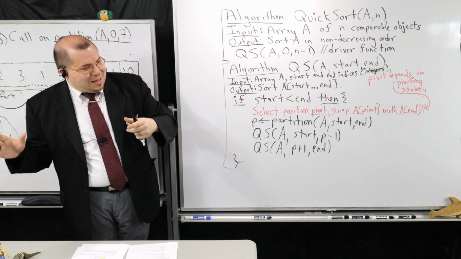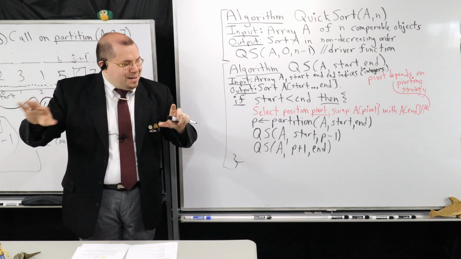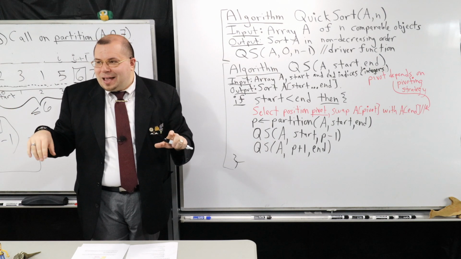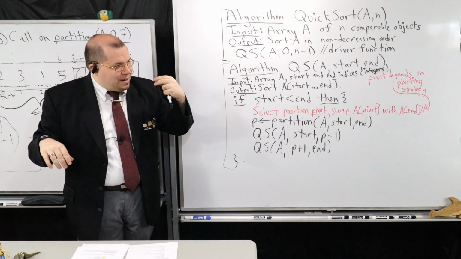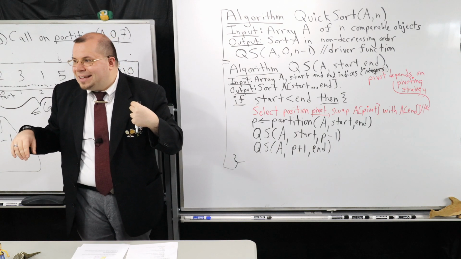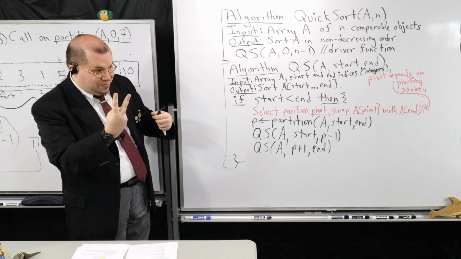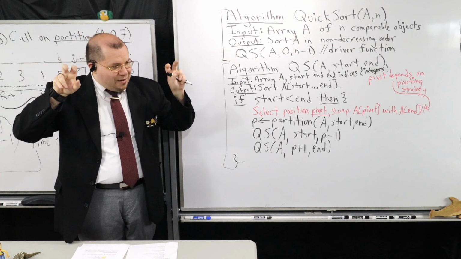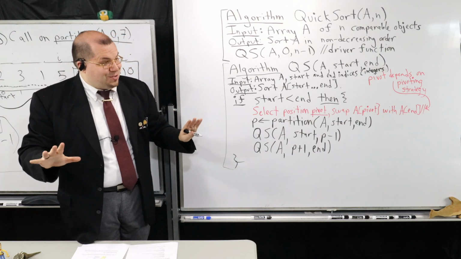Does everybody remember that I computed this guess, like mid, and then I discarded whatever I didn't need to examine anymore, right? But I didn't have to consider my guess because I checked it against the key, right? I do the same exact thing here, except I'm going to apply two recursive calls. One on the left half, one on the right half, regardless. Because remember, we're not searching, we're sorting.